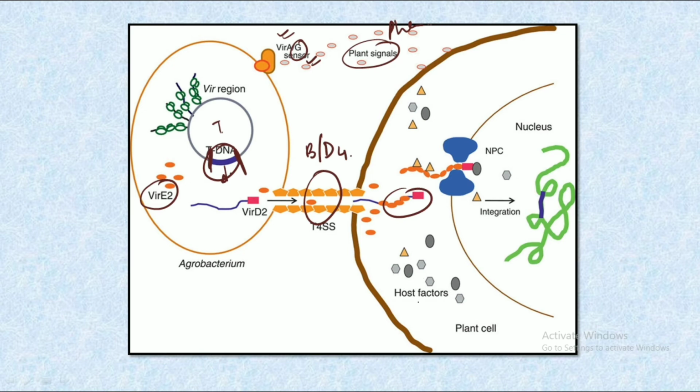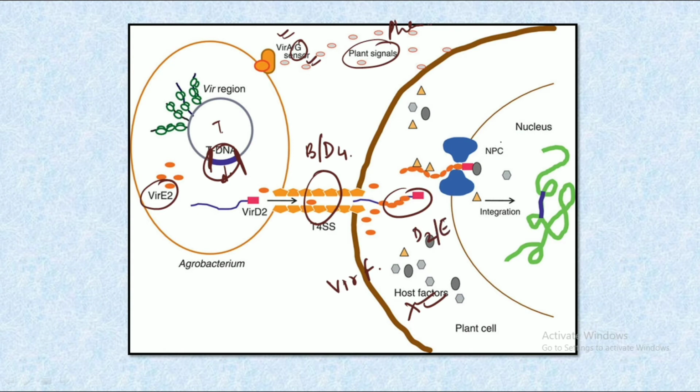There is the presence of host factors, which are killed by VIRF. There is the presence of the nuclear localization signals, the NLS, which are present on VIRD2 and VIRE.